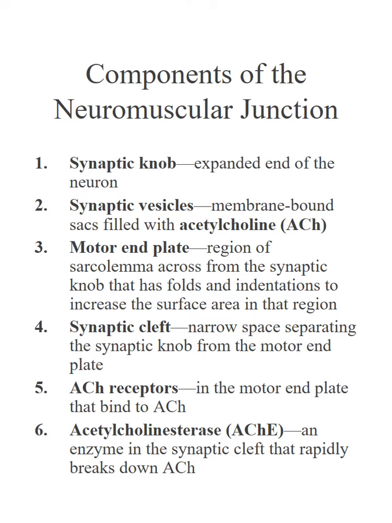Each synaptic knob has synaptic vesicles, which are small membrane-bound sacs within the cytoplasm of the synaptic knob that are filled with molecules of acetylcholine, the main neurotransmitter for skeletal muscle.